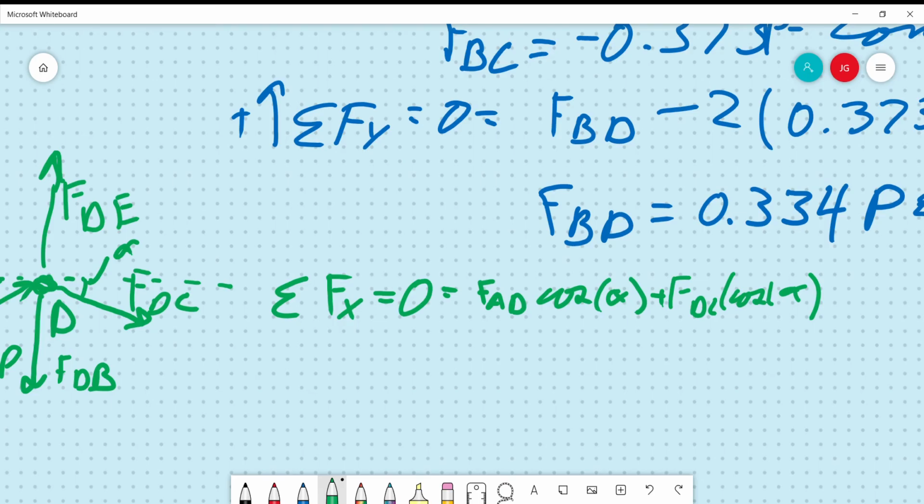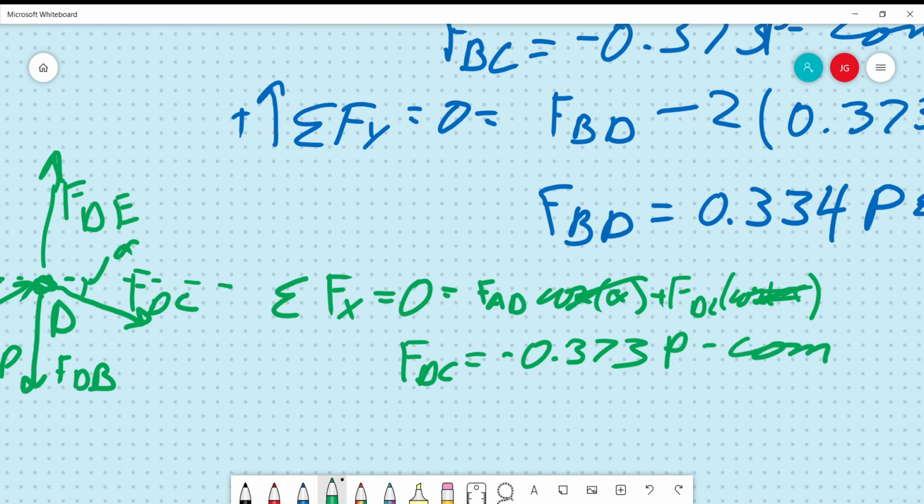Like I said, crosses out, then you're left with FDC equaling another negative 0.373P, which means compression, yay.